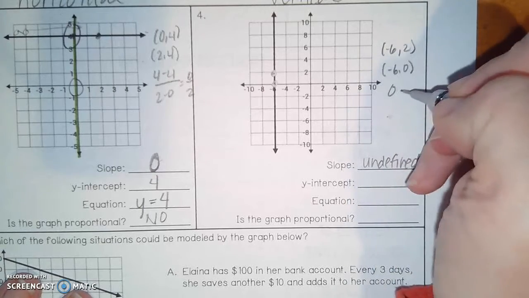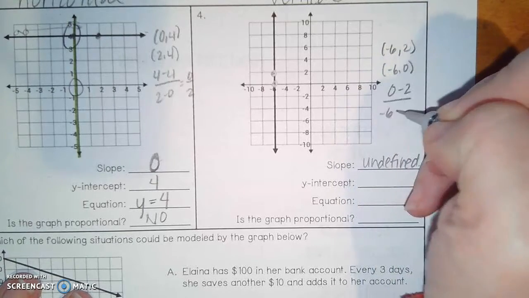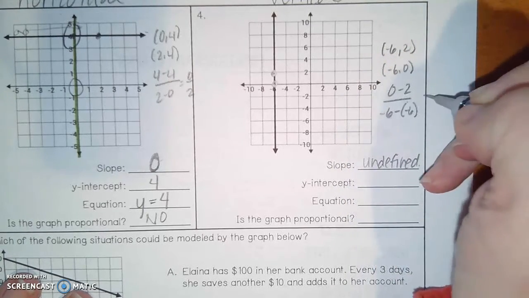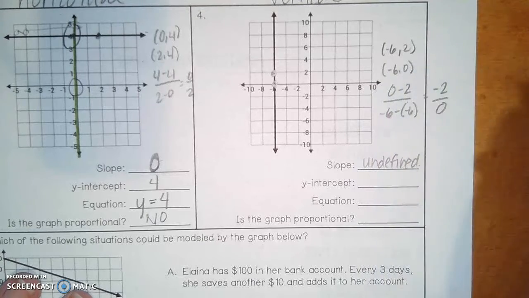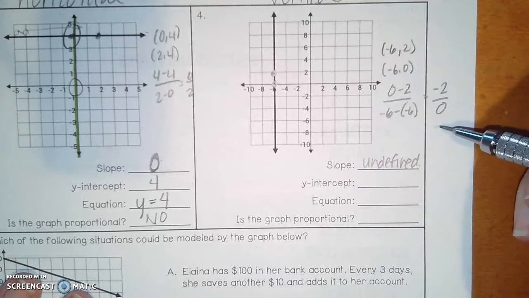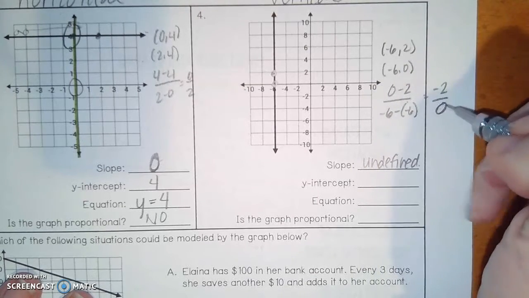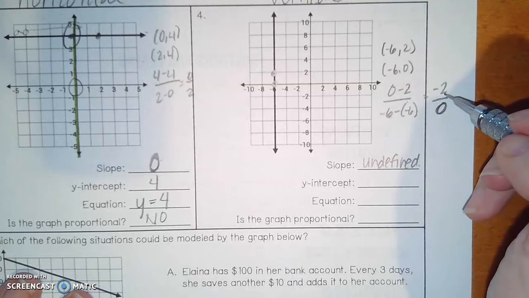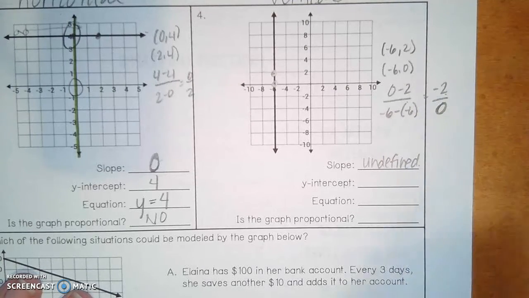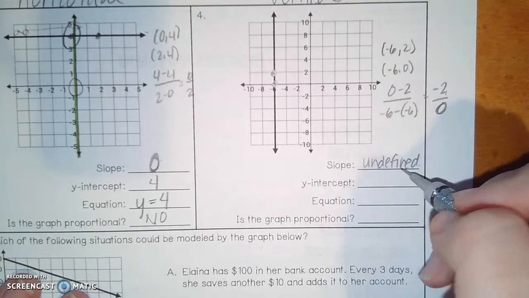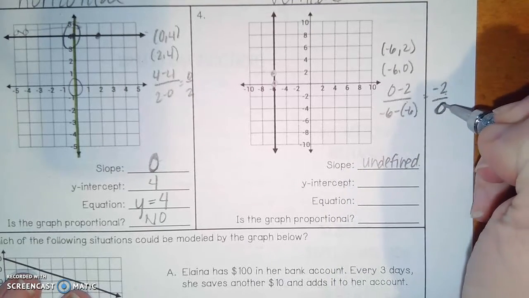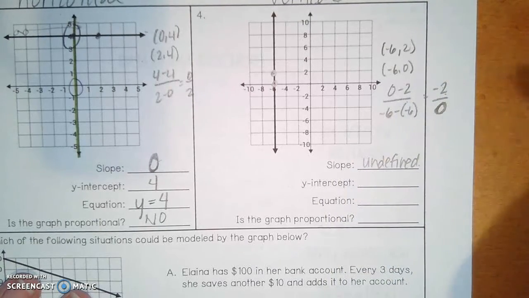So I could have 0 minus 2 over -6 minus -6. I would end up with -2 over 0. You can't have -2 out of 0 pieces. If you started off with 0 pieces, you can't have -2 or even +2 for that matter. So that is why it's considered undefined. If you had 0 pieces, you couldn't cut it up or share it among people.